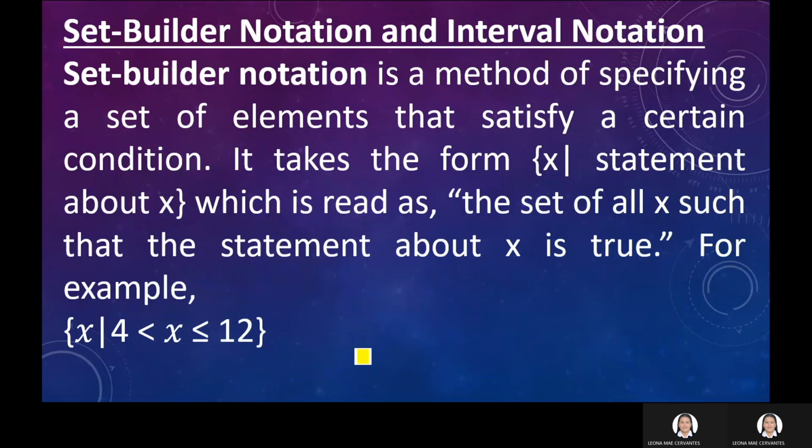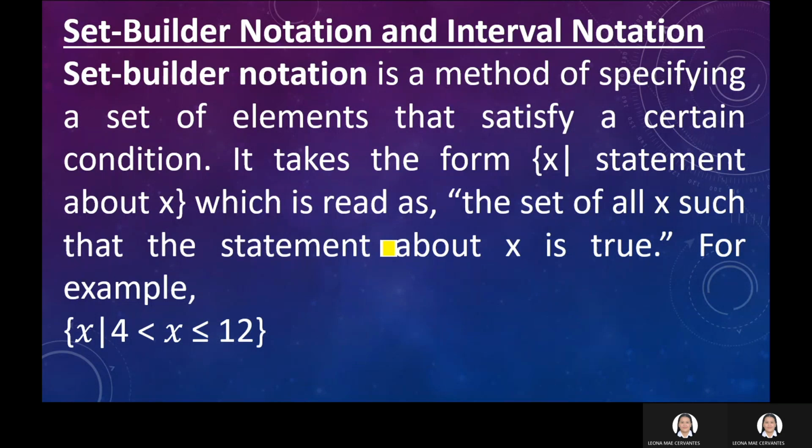Now let's proceed to set builder notation and interval notation. So set builder notation is a method of specifying a set of elements that satisfy a certain condition. It takes the form the set of all x values such that statement about x, which is read as the set of all x values such that the statement about x is true.